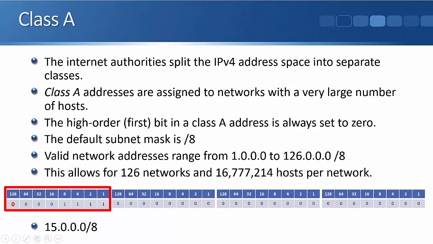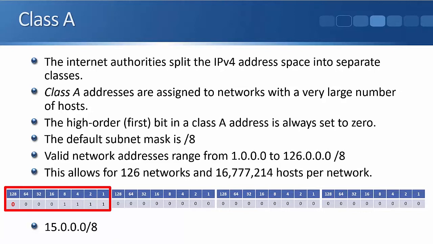With Class A addresses, the default subnet mask is a /8, so 255.0.0.0, and valid network addresses range from 1.0.0.0 to 126.0.0.0/8. So that's the network address. The actual host address ranges from 1.0.0.0 to 126.255.255.254.